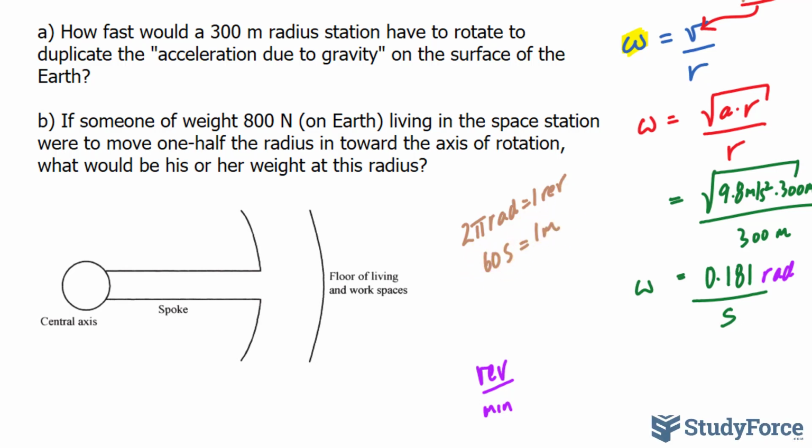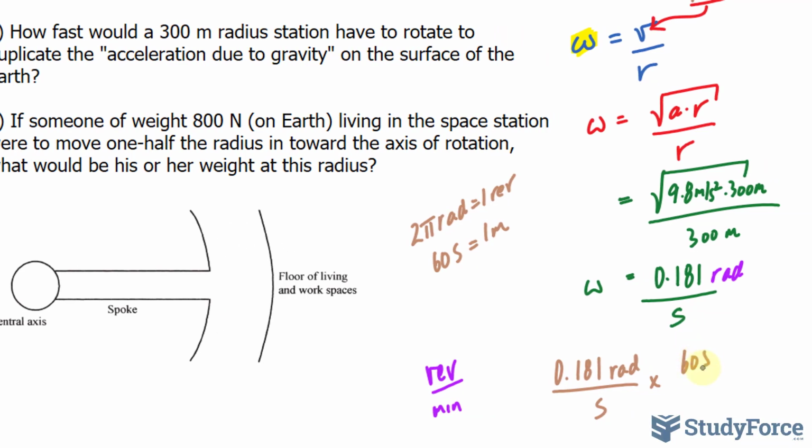So using what we know, I'll take this value of 0.181 radians per second, and I'll multiply it by 60 seconds at the top per 1 minute at the bottom. The seconds unit cancels out. And then I'll multiply this by the second relationship, where I have 2 pi radians at the bottom per 1 revolution. So this unit and that unit cancel out.